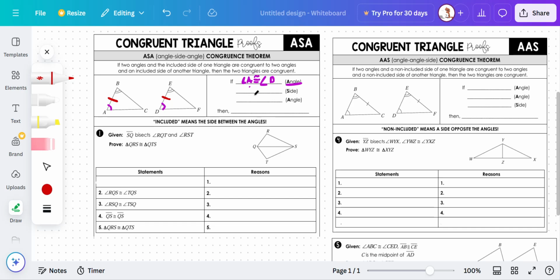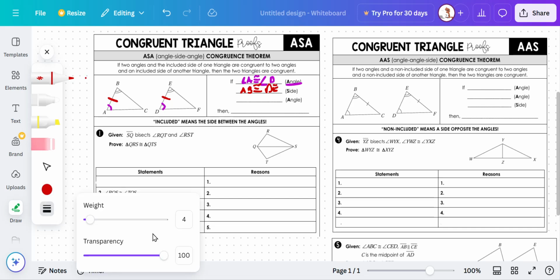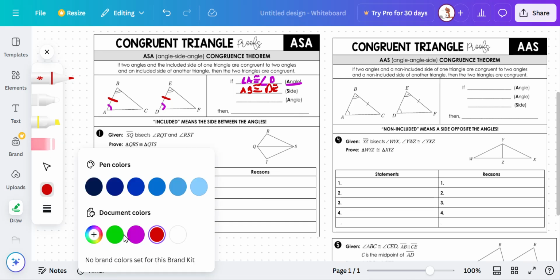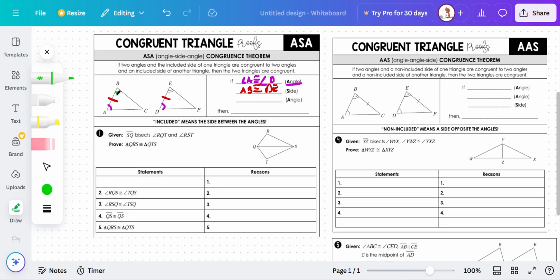So AB is congruent to DE. And then lastly, in green, we have another angle. And the important thing for angle, side, angle is this angle needs to be between both of them on both.